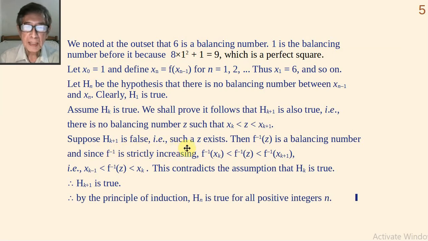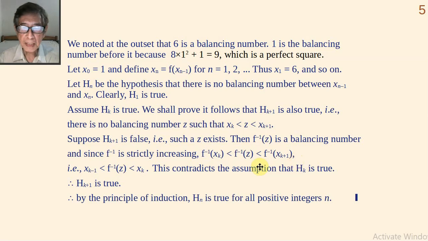In other words, such a z exists that satisfies this. Then f inverse z is a balancing number, as we proved earlier, and since f inverse is strictly increasing, f inverse z must be between this and this.